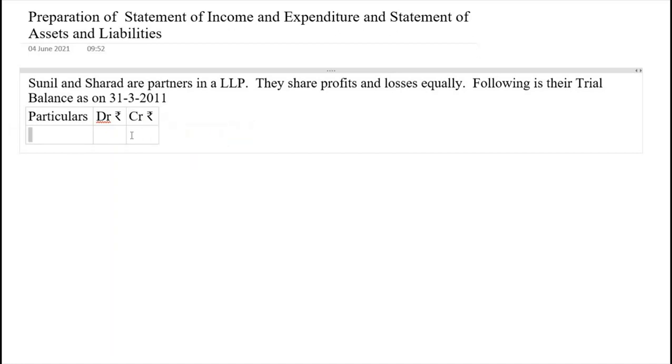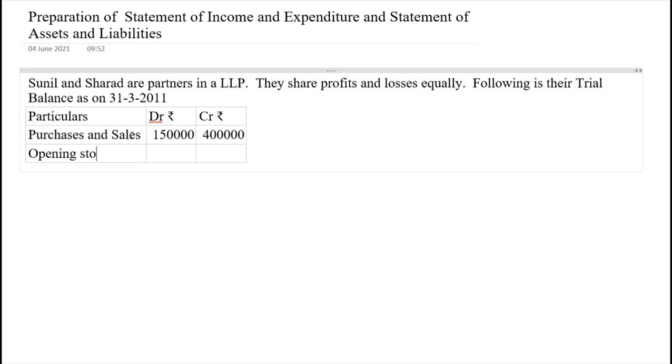Now let us go one by one. Purchases and sales: 1,50,000 and 4 lakhs.